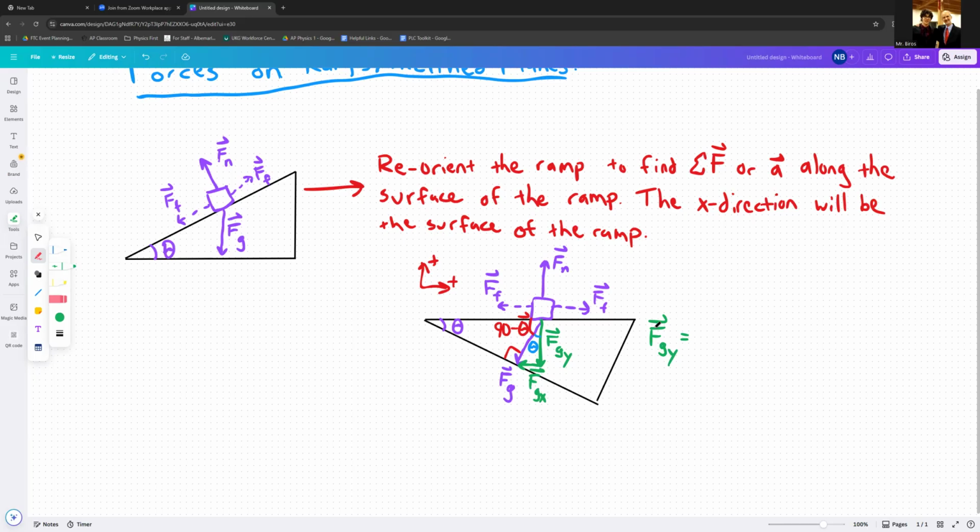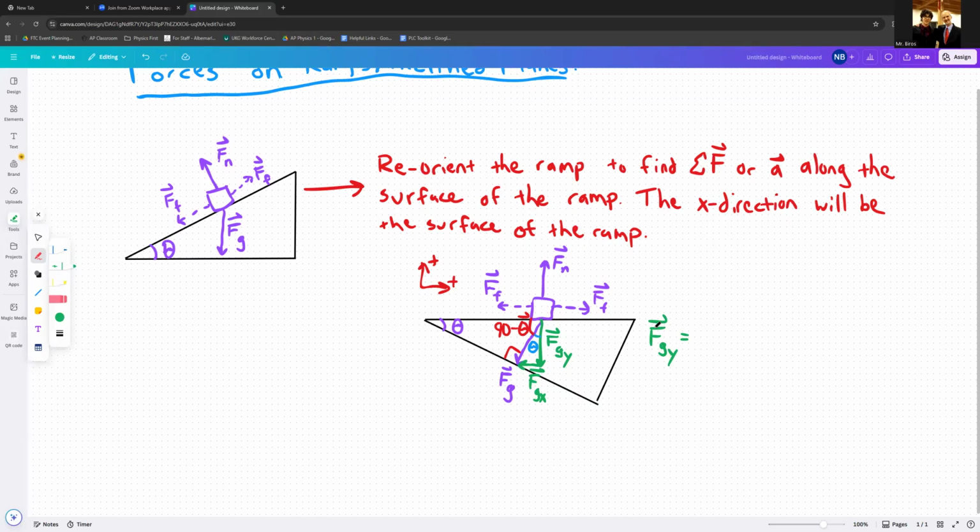That was typically how it ended up being almost all the time. With ramps, it's tricky with gravity, not only because we have to think about gravity differently and say we're going to split gravity into parts, and part of gravity pulls into the surface of the ramp, part of gravity pulls down the ramp to try and get the object to accelerate down the ramp, depending what other forces are acting there.